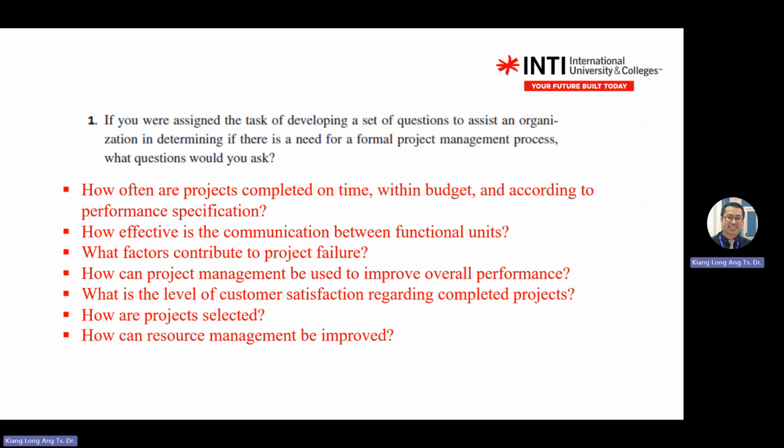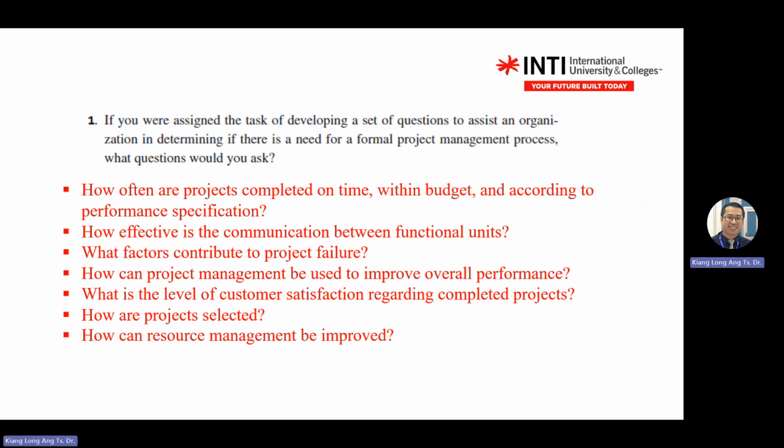So we still consider the triangle: time, cost, and customer requirement, or specification. Right?